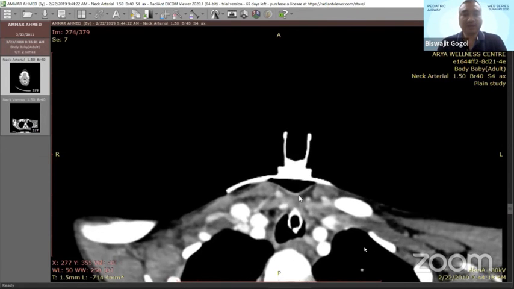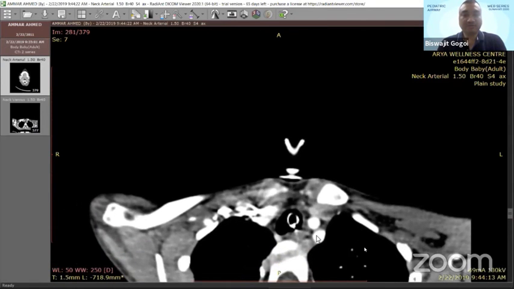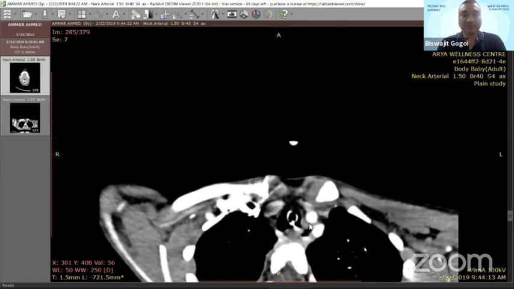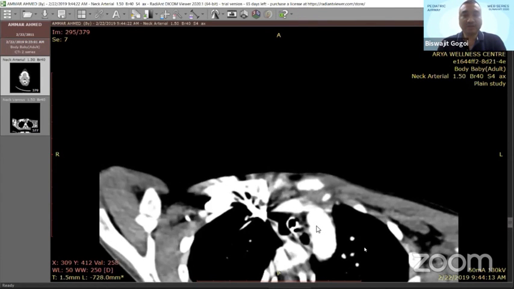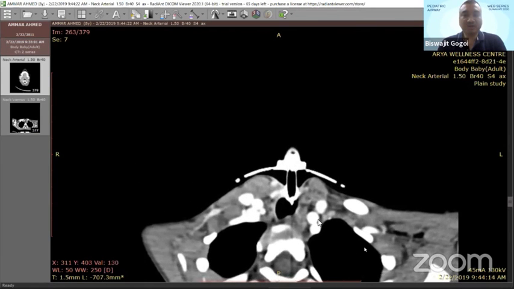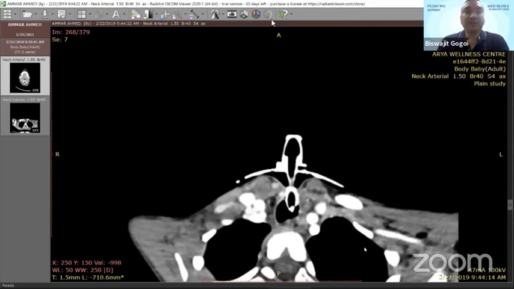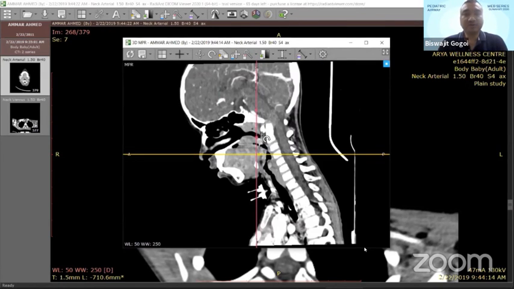Going down, we can see the lower tracheal wall. There's an artifact somewhere, and this is how we can evaluate the whole lumen. Also, if you require the other cuts, this is how we can know.